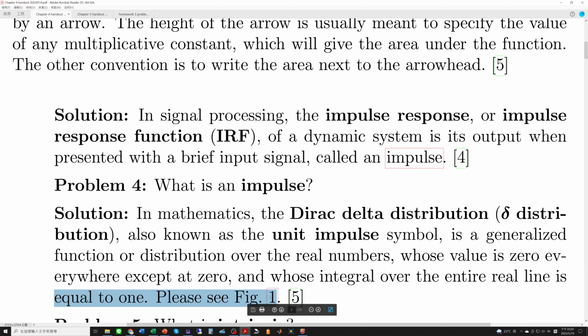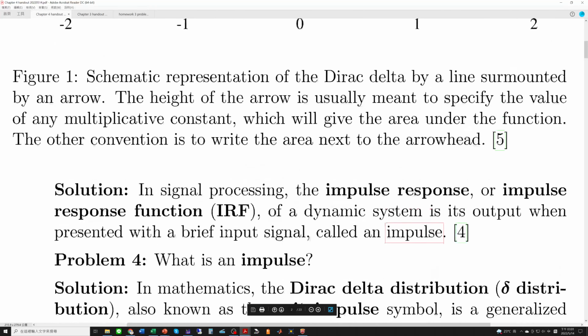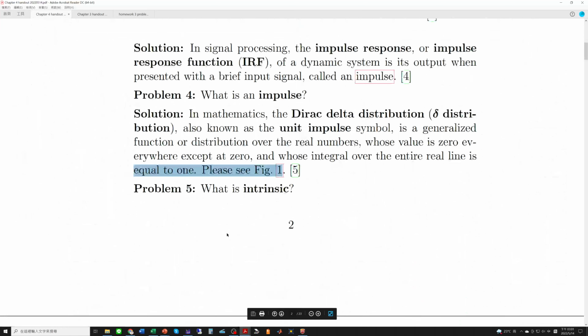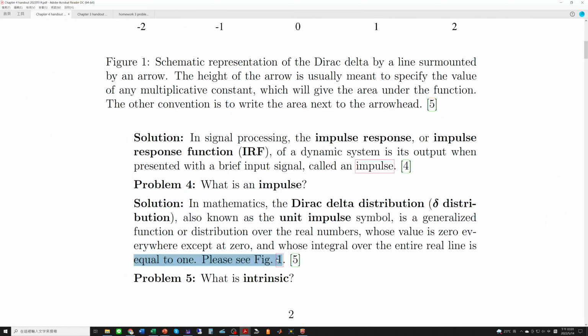Please see figure 1. So let us see figure 1.